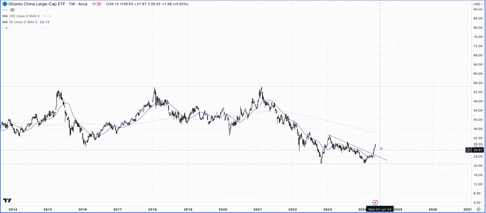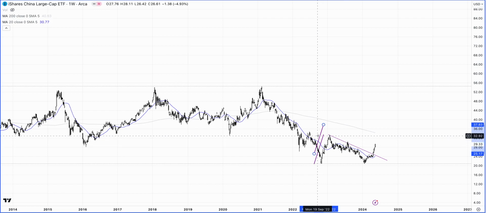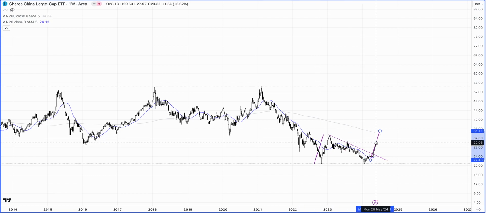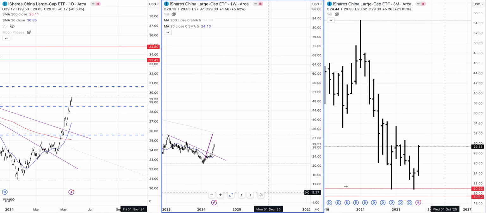But this kind of move is encouraging, but we have seen this kind of a move in the past as well. So let's just take this, and if we just copy this, so this is the same concept of a market symmetry. So here we go, it goes right pretty much to the 200-week moving average as well, which is in this gray line. So getting above that would be actually a pretty good confirmation.